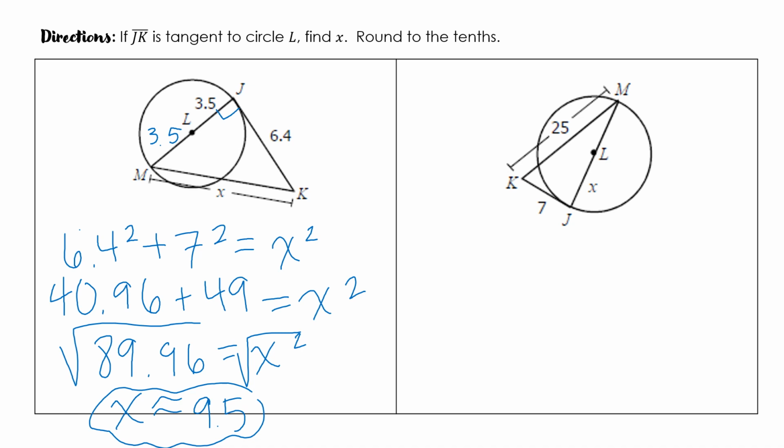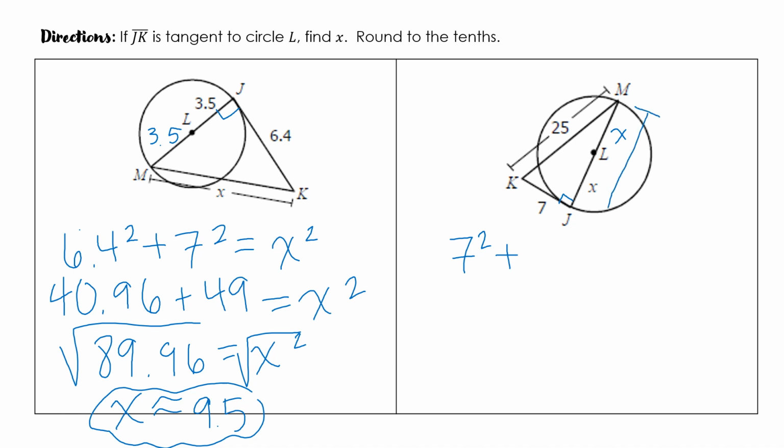Last one of these types. On this one, if KJ is the tangent, then angle J is your right angle. One of our legs is KJ, so I'm going to do 7 squared. The other leg, we know that JL is x, which means LM is x because it's a radius.